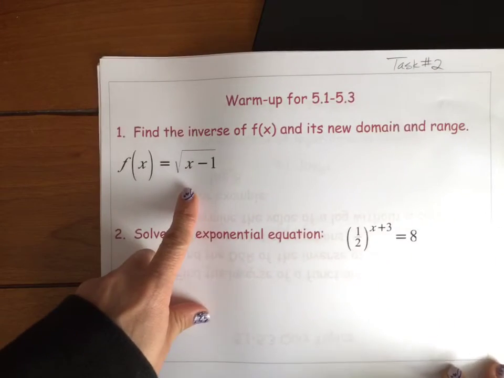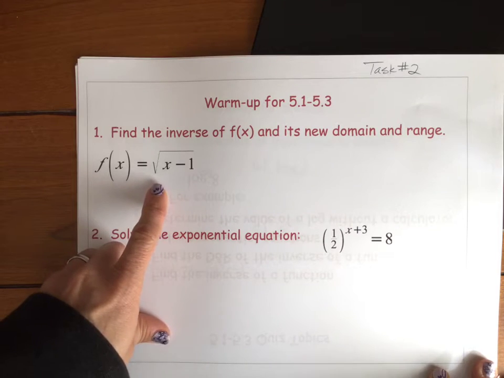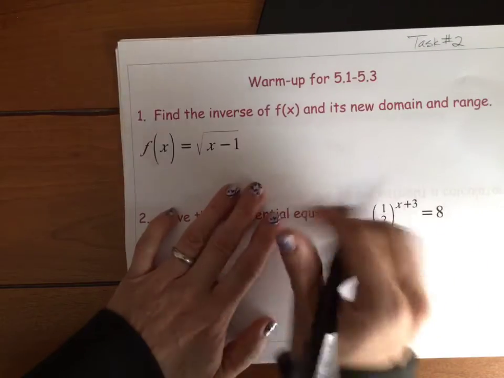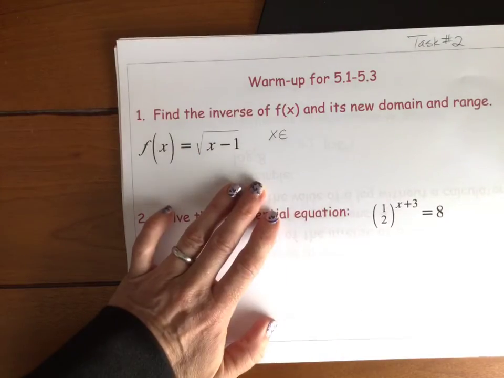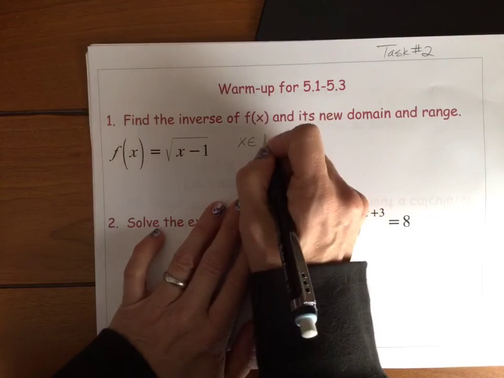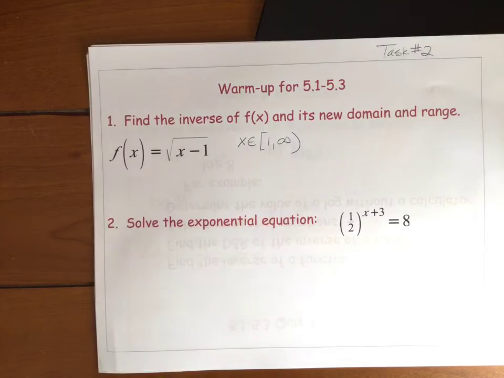Since I can't have anything under the square root sign be negative, I know that my domain is x is a set of positive 1 to infinity, or said another way, x is greater than or equal to 1.